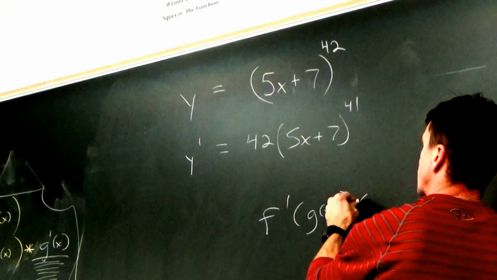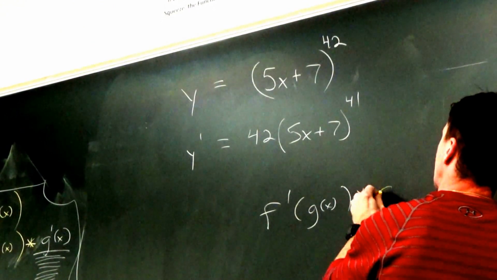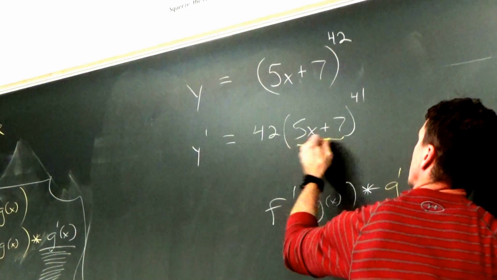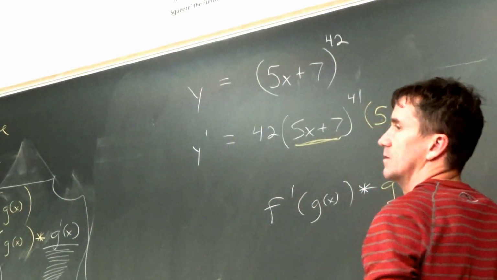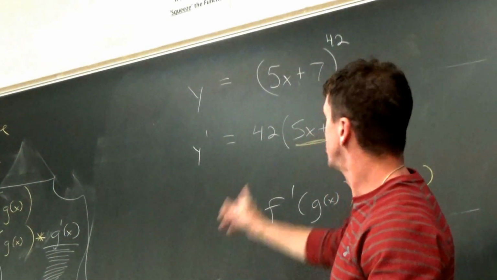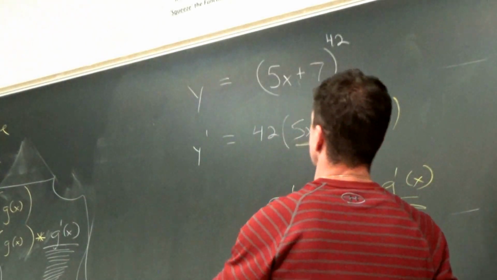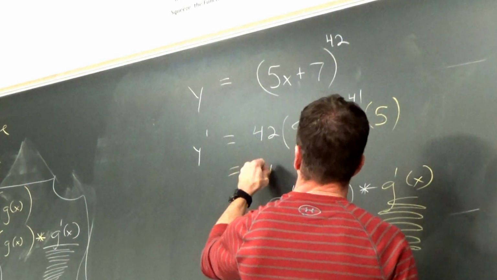Now, what's the chain's derivative? Don't ever forget to multiply the chain. What's the derivative of that g? We're done, but we should multiply 5 to the what? 42. 42, right? What's 5 times 42? 210. You're done.